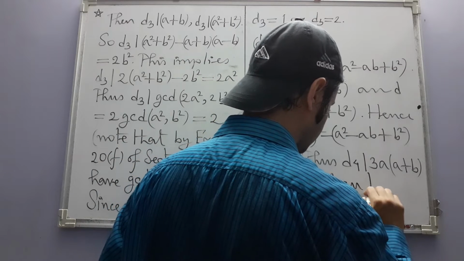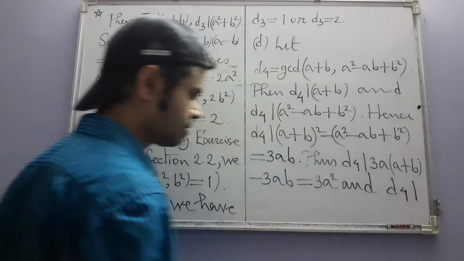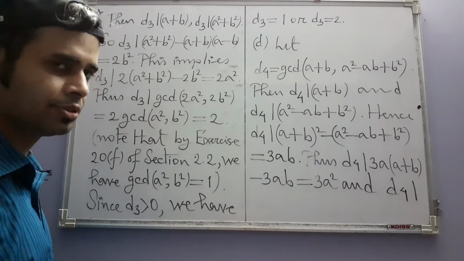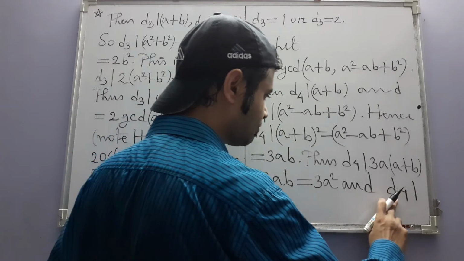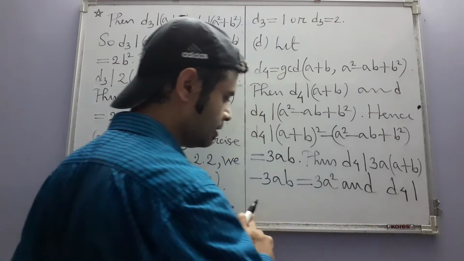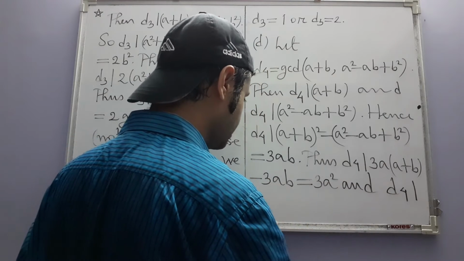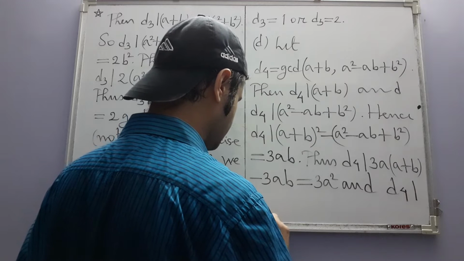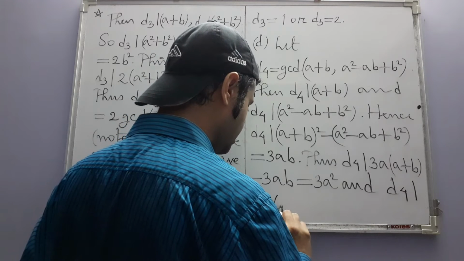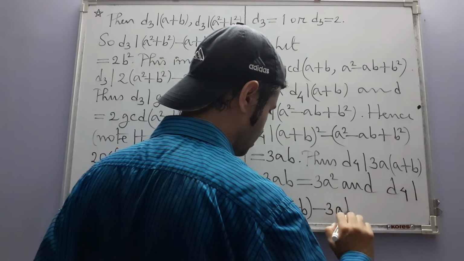and D4, let me just make it somewhat more confusing. I am now going to continue from here, so you have to understand that it is just a continuation. D4 divides, the other thing that we can do is this, 3b times a plus b minus 3ab.